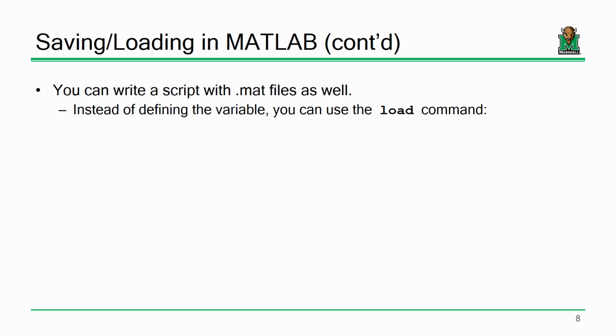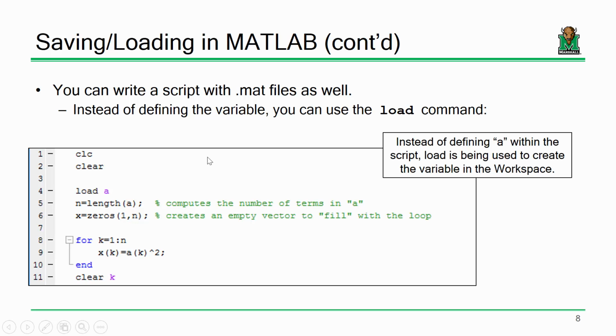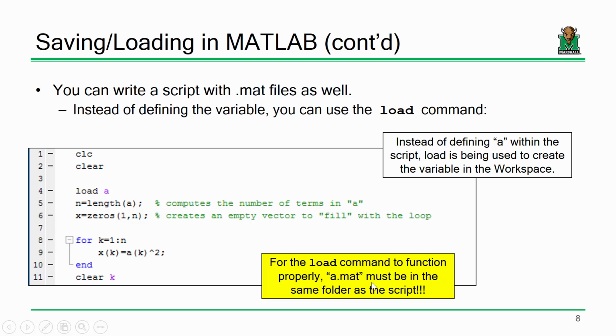All right, and so you can write a script that references those .mat files, and the command for doing that is you can use load. And so, for instance, we could have a script that will load A, and A will be an external file, but we have to be careful because A has to be in the same folder as the script that's executing.